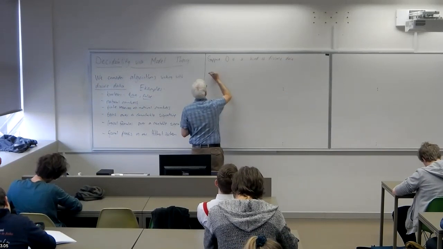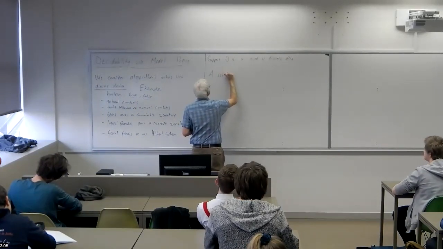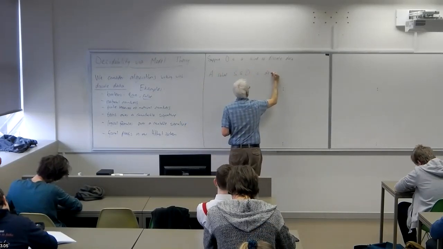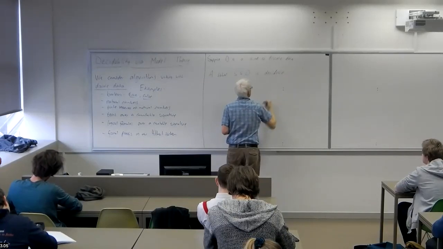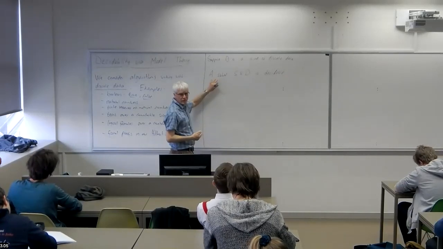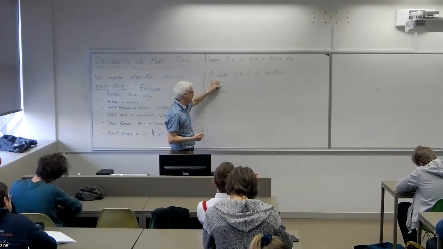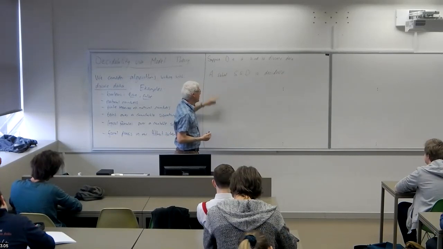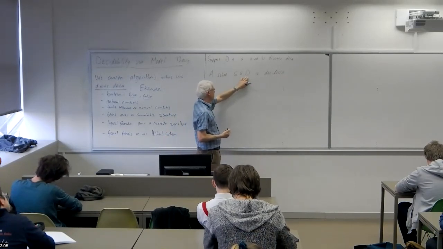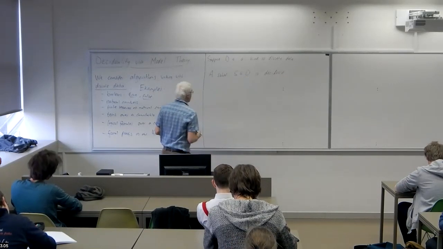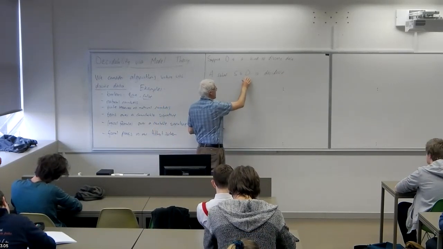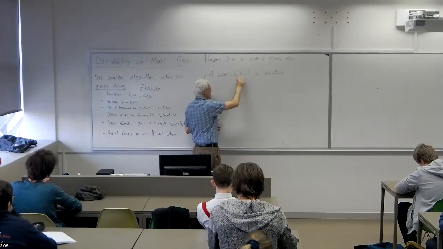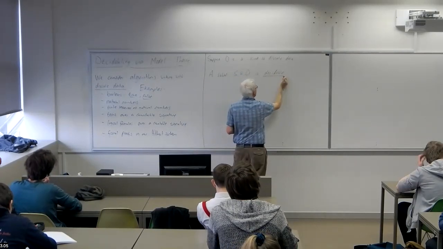Then we say a subset S of D is decidable, and I've already given an informal definition before, and this is again an informal definition because I'm going to use an informal notion of algorithm. The only difference with what we had before is that I'm now being a little bit more precise about what kinds of sets I'm considering, namely subsets of some kind of discrete data.